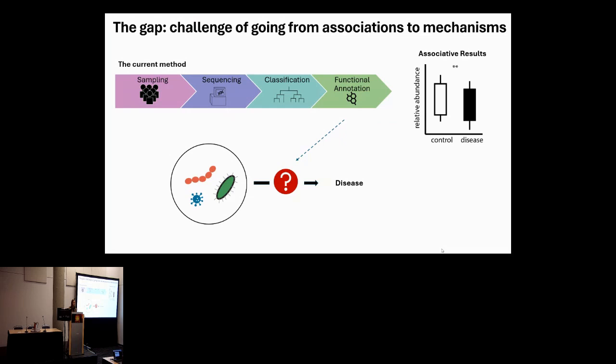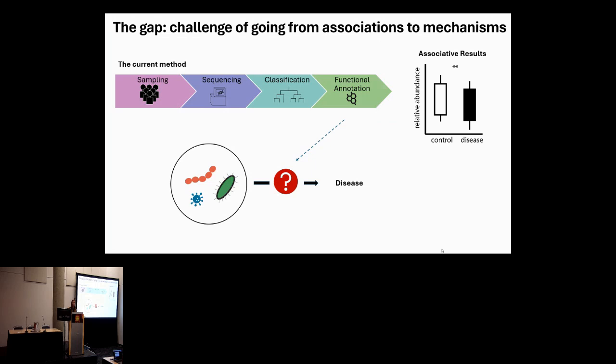This leaves us with a gap in how we study the microbiome currently. To understand the influence of a particular microbial environment in a disease, we first perform sampling, and picking the right community or population of disease or healthy controls is difficult, in order to alleviate confounding factors or other factors that may influence that choice.